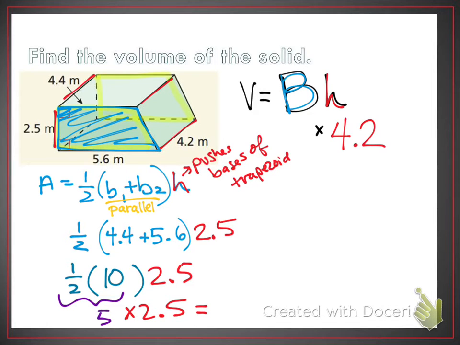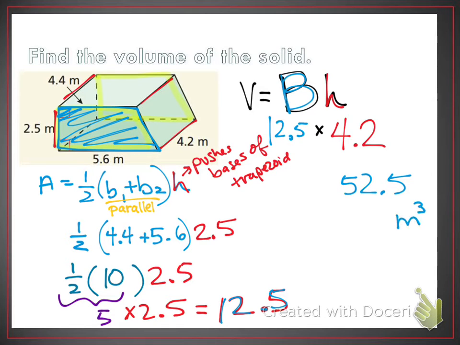So what do we get? 12.5. Good. So this is the area of the base. So what do I do with the area of the base? Plug it in, multiply it times the height. So correct, 52.5, and it is meters cubed. Perfect. You can set that paper aside, and we'll go to page 3 of the notes.